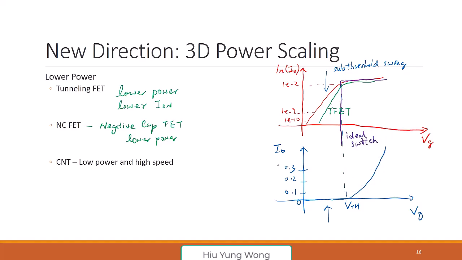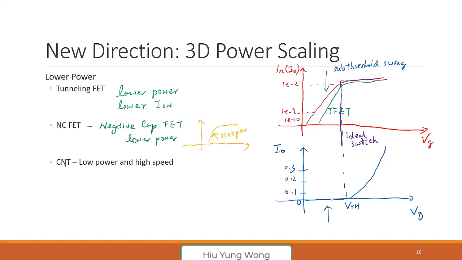Right. But maybe let me not draw it there because you cannot compare them. Otherwise, you think that NC FET and tunnel FET have this relative performance, but still it's very steep compared with regular transistor. Okay, so people are looking into this.